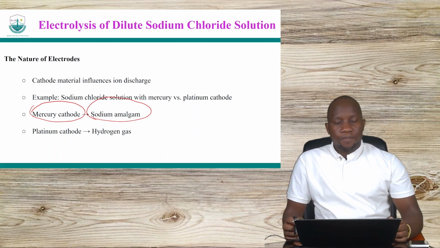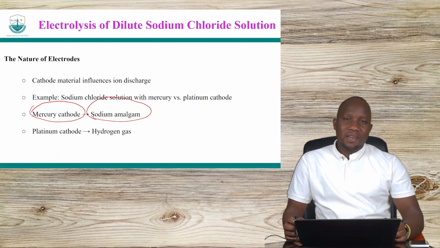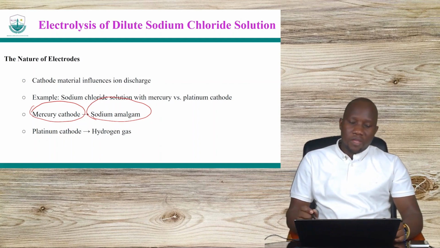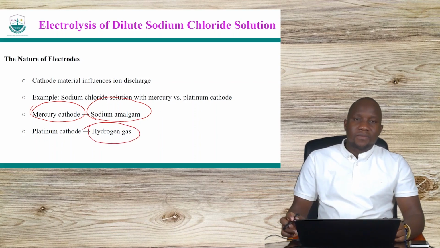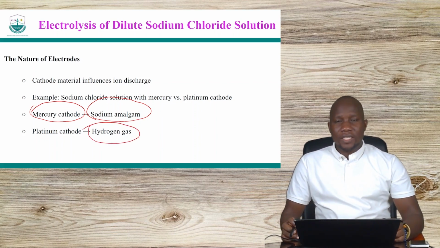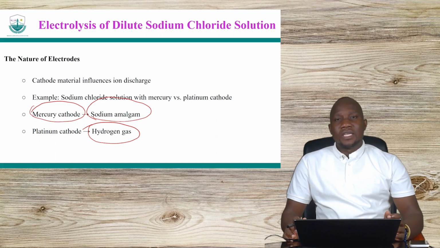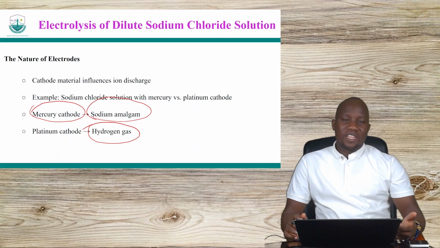If you use a platinum cathode, then you will get hydrogen gas as the product there. So this is the other point that we want to stress: the products of electrolysis can depend on the nature of the electrolyte.